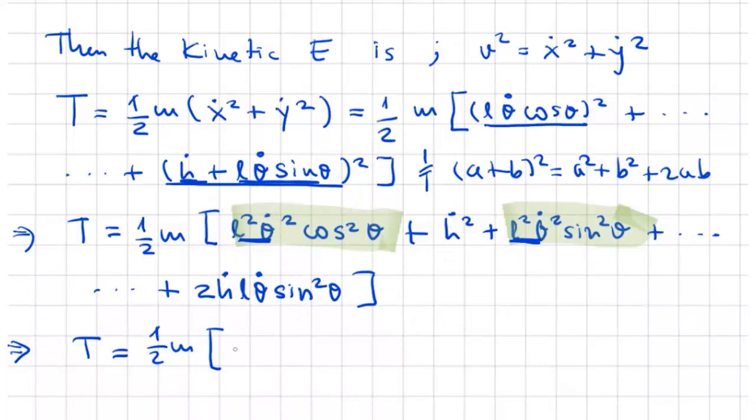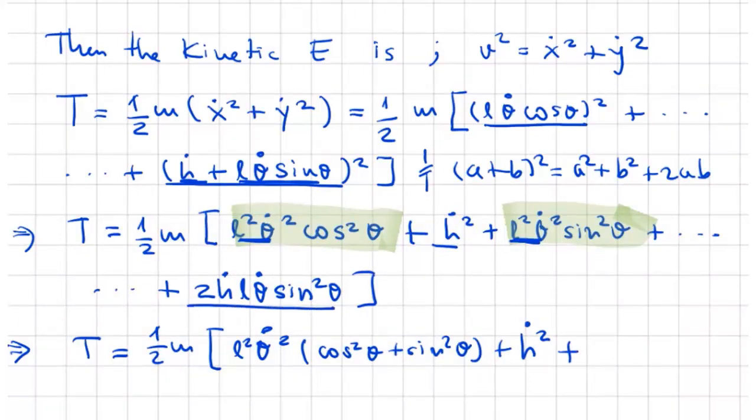I take common factor of them, and I have that term is common factor of cosine squared of theta plus sine squared of theta, plus this term h dot squared plus this term 2h dot L theta dot sine of theta.